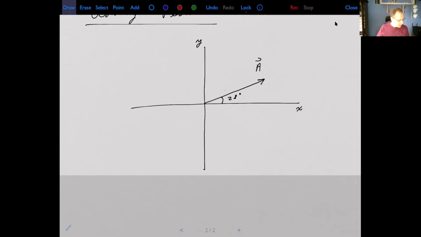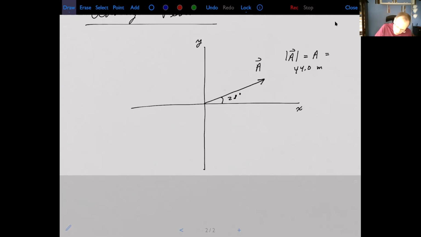Remember, you measure counterclockwise. And let's say the magnitude of A, I can write it like this, like the absolute value of the vector, or you could just write the letter itself, A. Let's say that's 44.0 meters.